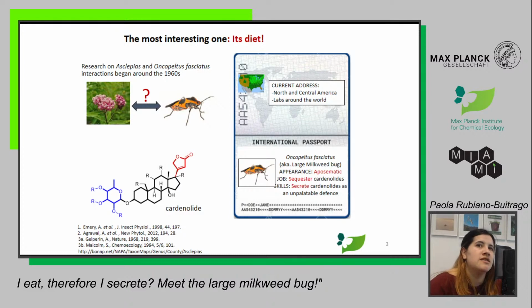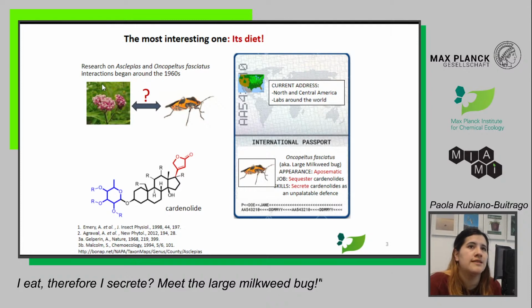So these bugs are known to be host specific, meaning that they mostly eat certain plants of the family Asclepiadaceae, especially the genus Asclepias. And you can find them across North and Central America in different patches, both the bugs and the plants.